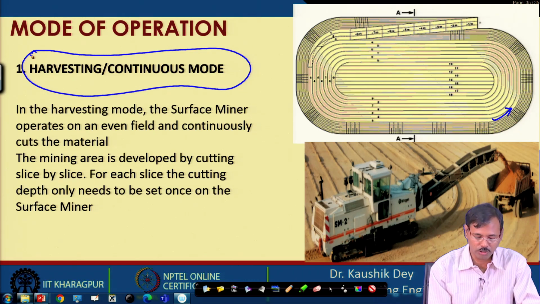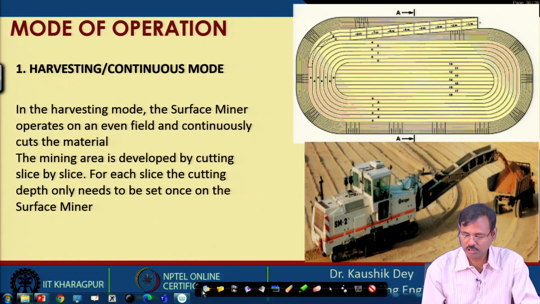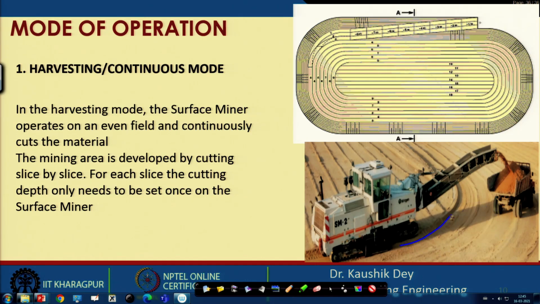That is why it is called continuous mode of operation. You can see here the surface miner is cutting the material and along with the cutting it is turning also, and during turning it is also dumping to the dumper or filling the dumper. So, this type of operation is called continuous mode of operation or also called harvesting mode of operation.